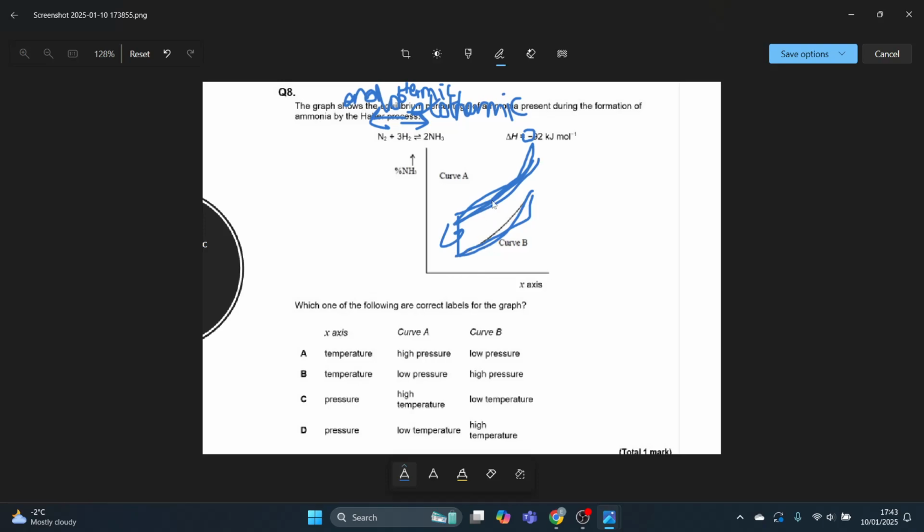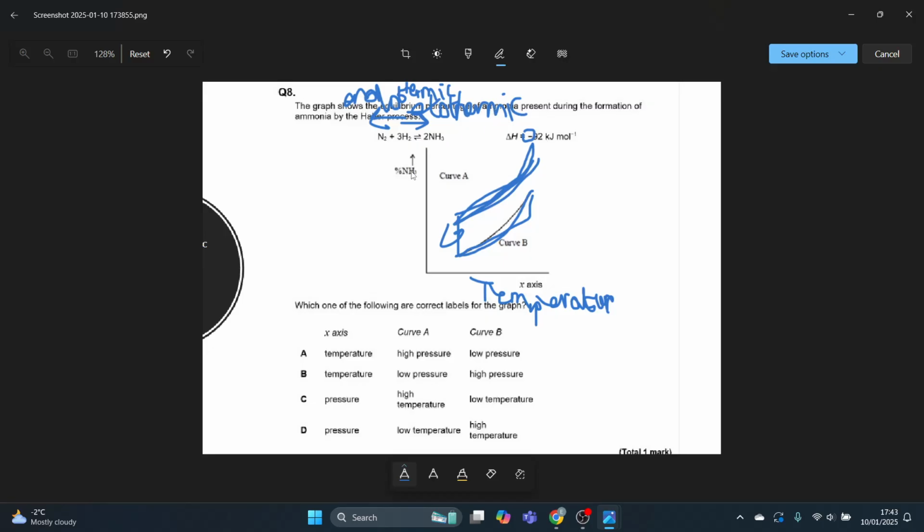It's quite significantly higher. So, also, what are the correct labels for the graph? A, x-axis is temperature. B, x-axis is temperature. So let's say the x-axis is temperature. Curve A has a high pressure.